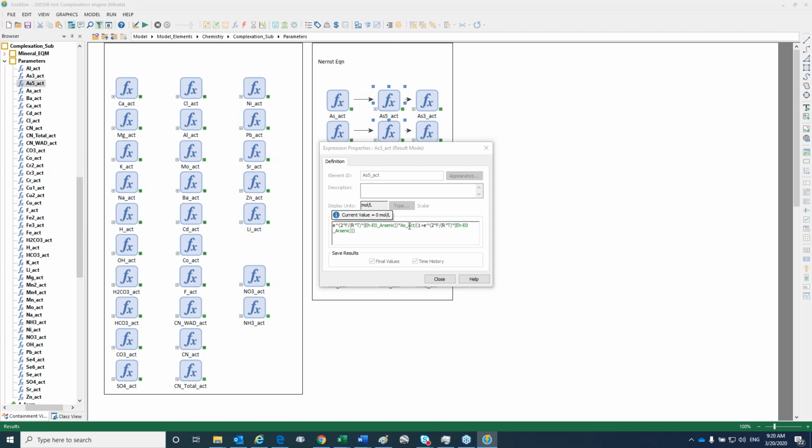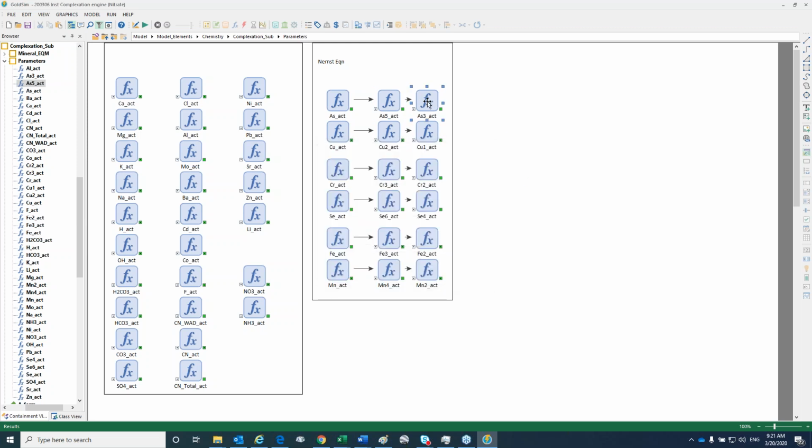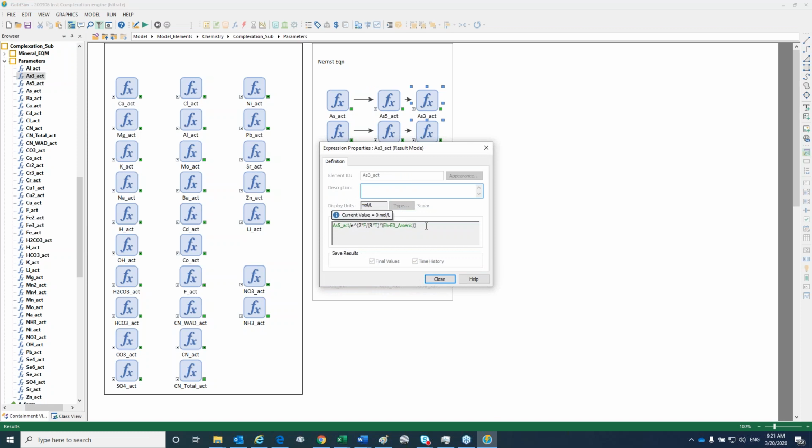Then we do a quick calculation, a conversion to account for the sum of both valence states adding up to the arsenic concentration. And from there, we can also calculate the alternate valence state.